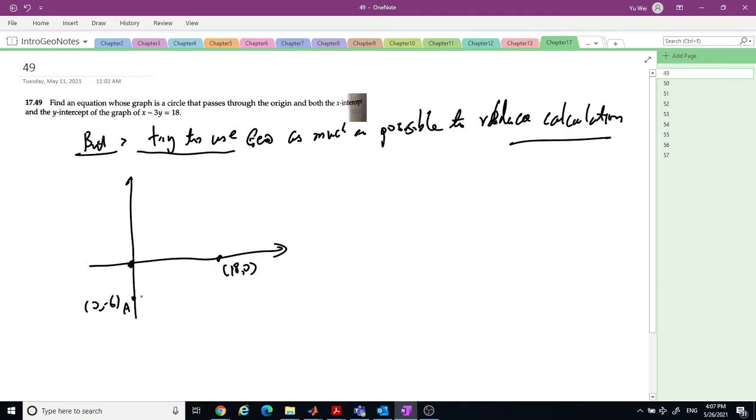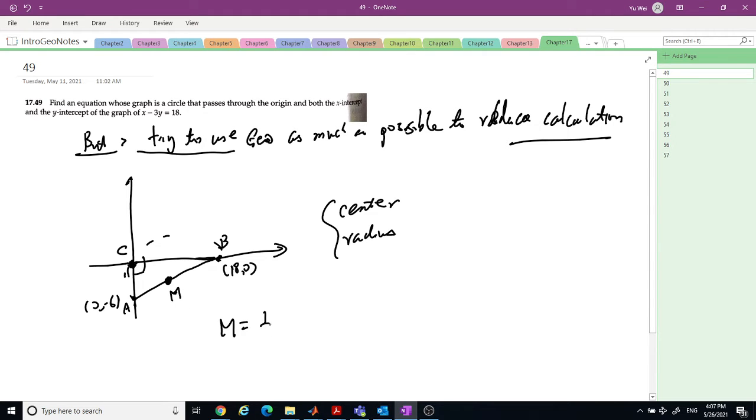So we have points A, B, and the origin C, and want to see what the circle function is here. To define a circle, we need the center and the radius. Here we learned that this is 90 degrees, so if there is a circle here, that means AB is the diameter. So the midpoint M will be the center.